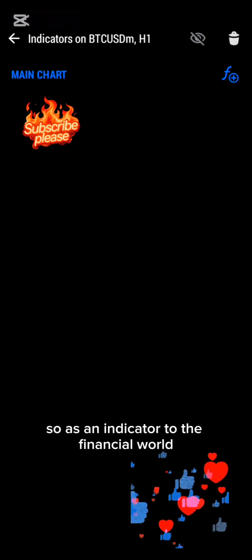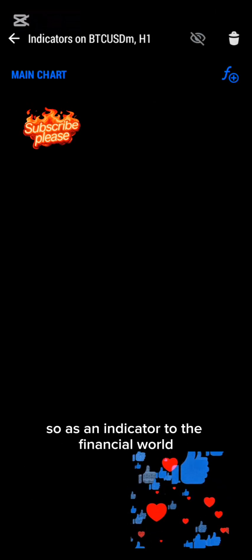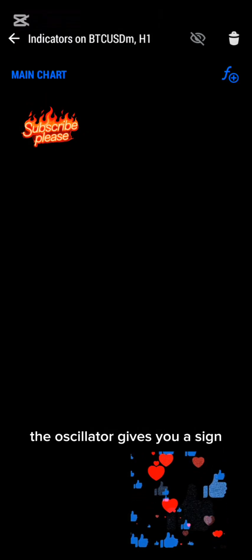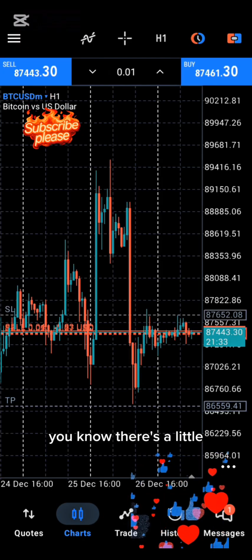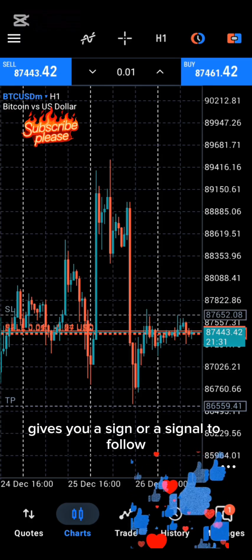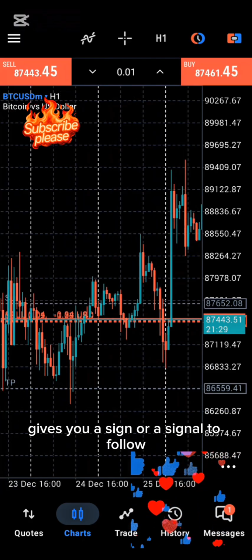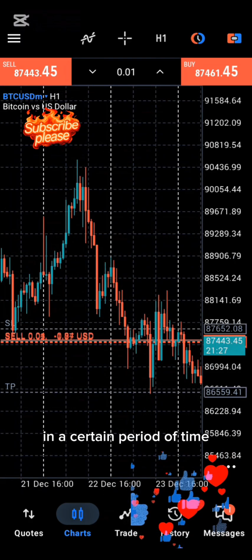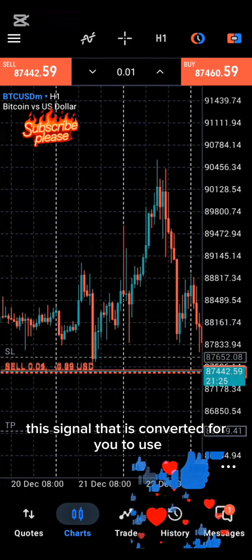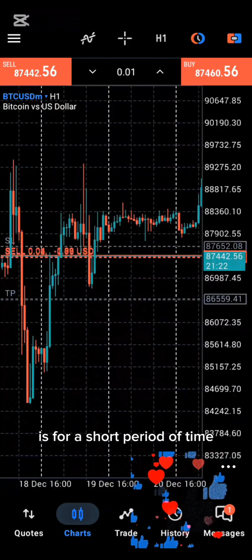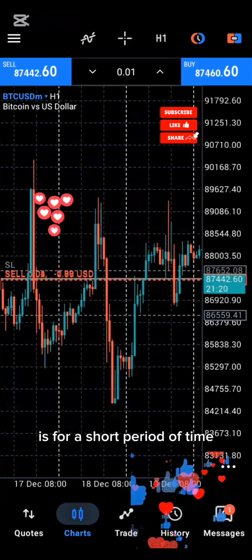So as an indicator in the financial world, the oscillator gives you a sign or a signal to follow in a certain period of time. This signal that is converted for you to use is for a short period of time.